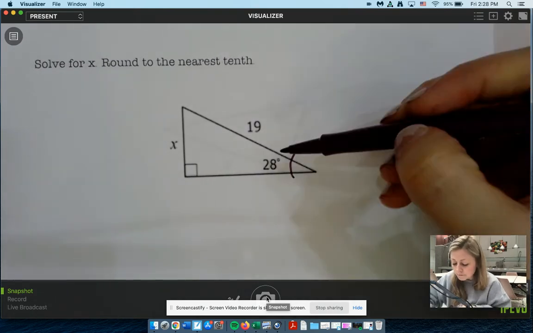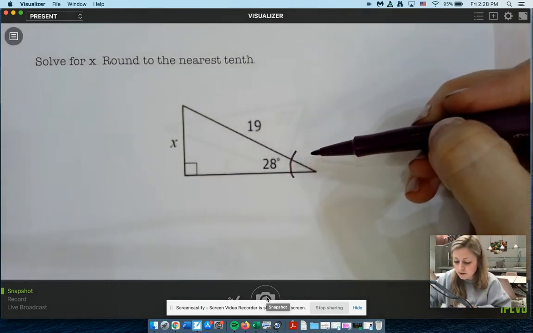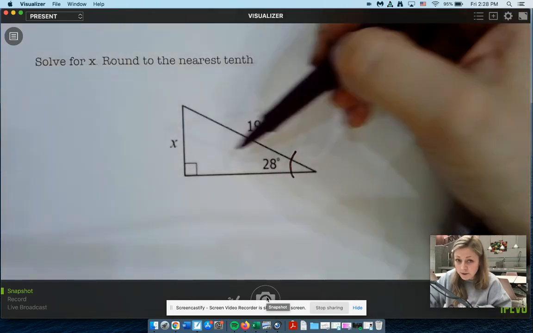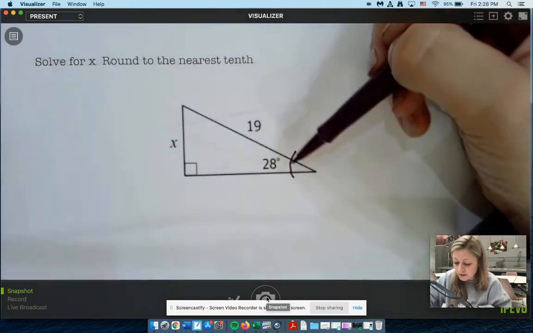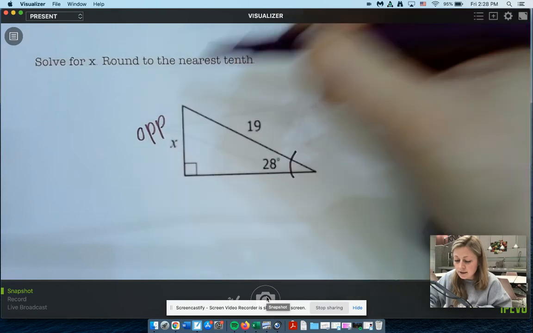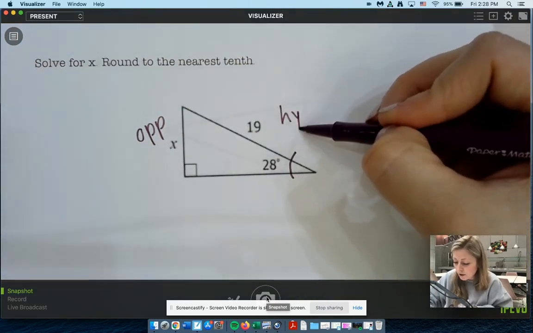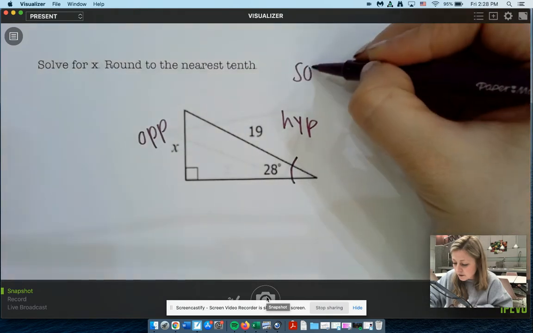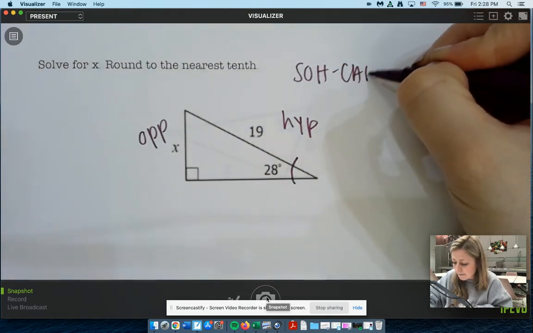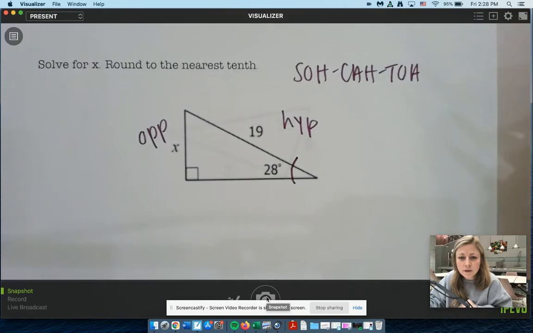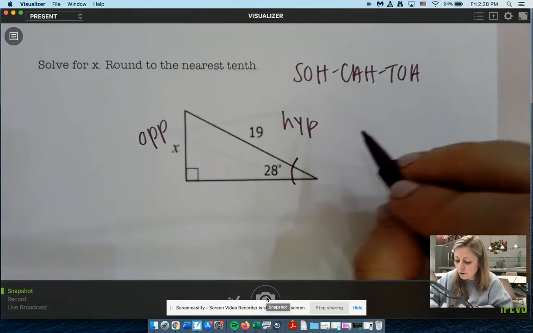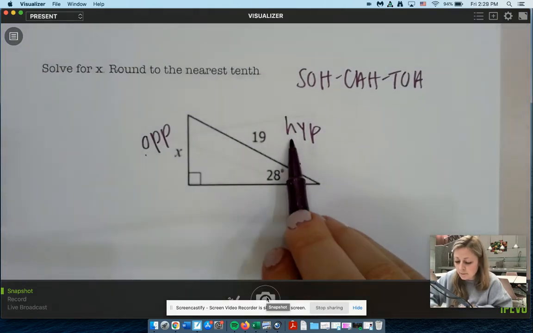Okay? So now from here, we're going to label our sides. So x, you guys see how it's opposite? It's our opposite side, so we're going to put opposite. And 19 is across from our right angle, so that's our hypotenuse. And now I'll put our SOHCAHTOA here. Okay, so now I'm looking for which one has OH with it, because that's my opposite and hypotenuse.